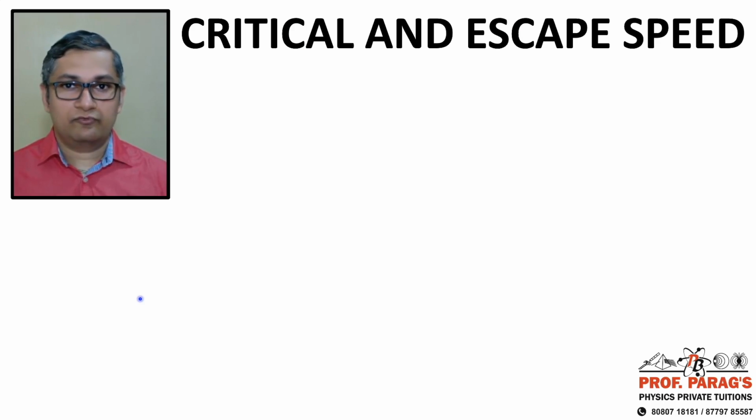So for that, we need to know what is the desired speed, and what is the formula for the critical and the escape speed. Again, we will just take the formula for granted. All derivations will be done together using the zip files which I've been giving you.